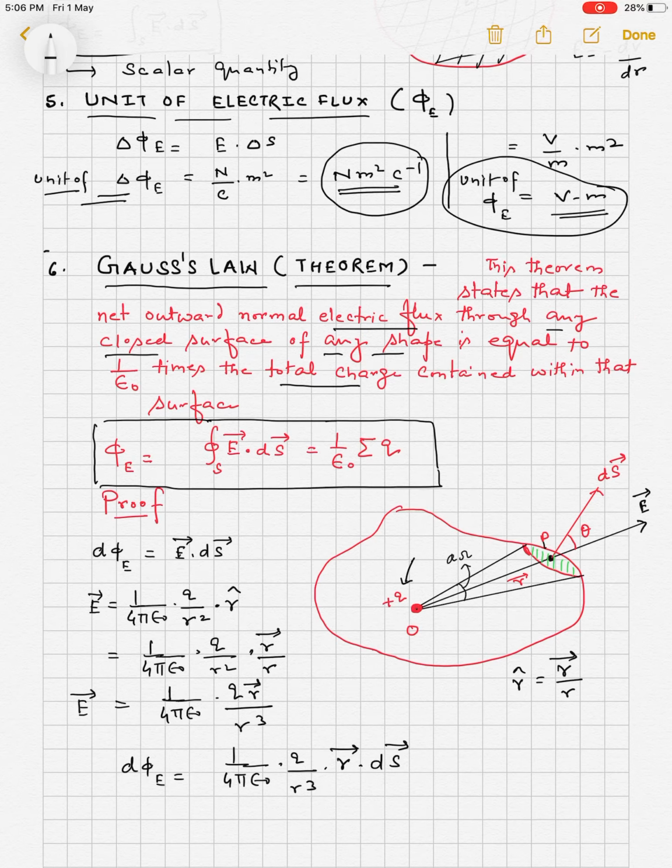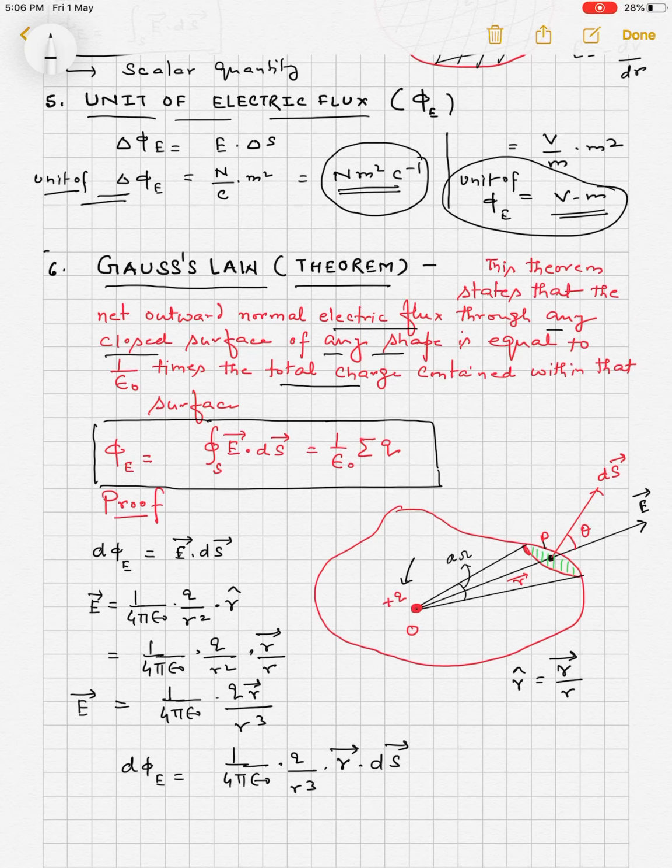The solid angle omega is delta s vector dot r vector upon r cube. So we will put the value of this. So this is a solid angle, and d phi E is equal to 1 upon 4 pi epsilon naught q into d omega. It is a small solid angle d omega.